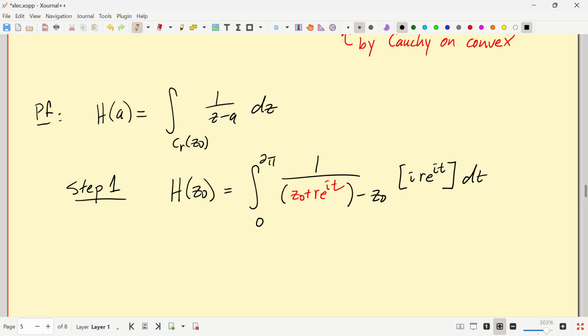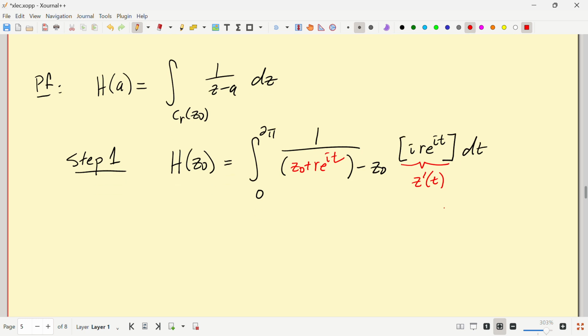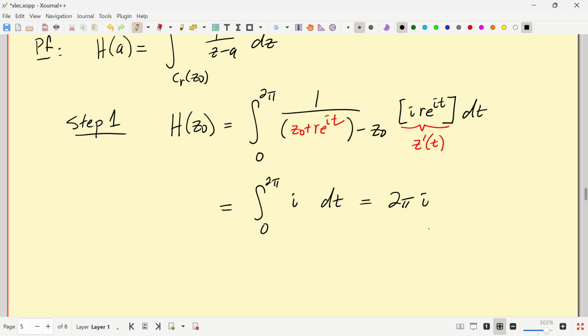That's the z prime of t, the derivative by the chain rule that I showed you some days ago. And a miracle happens here. The z naughts cancel in the denominator, the r's cancel and the e to the it's cancel, and this boils down to the integral from 0 to 2 pi. The only thing that doesn't cancel is the i. And that's 2 pi i. That's kind of simple from just direct calculation.